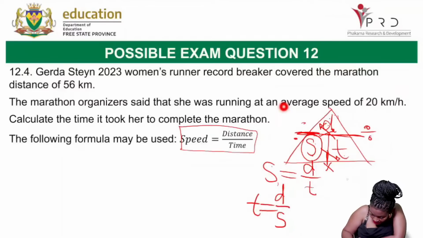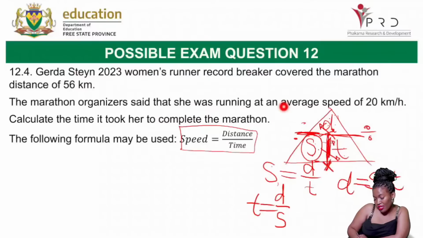But now if you want the distance, there's nothing on top of D, everything is at the bottom. So you write the S, and next to the S is the T. So you write the T there, but in between them, there's this line, and this line means multiplication. So this is the multiplication.